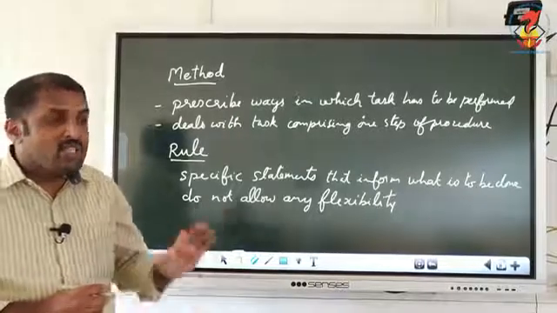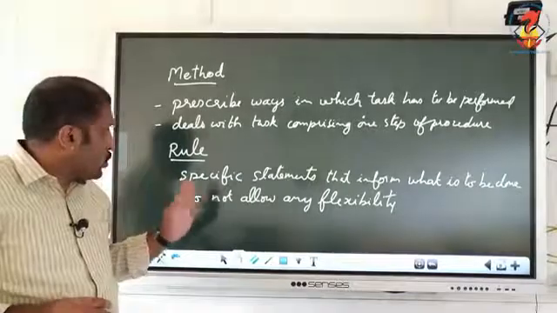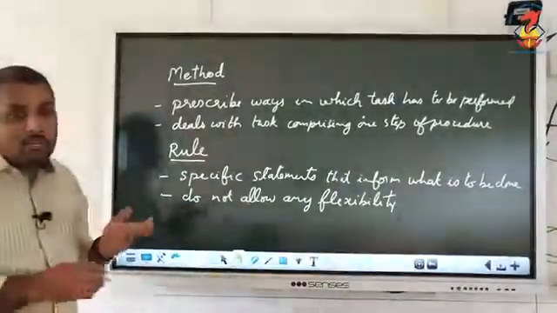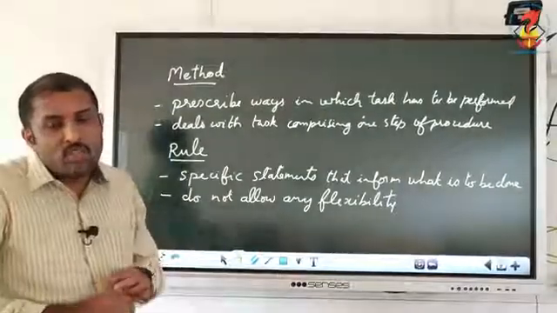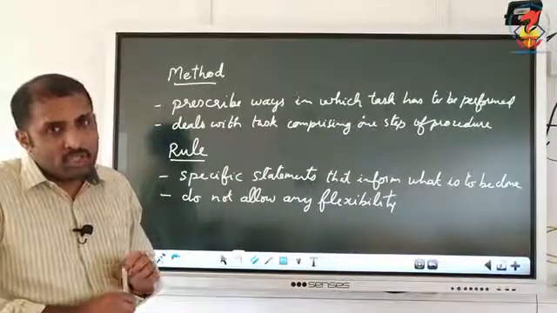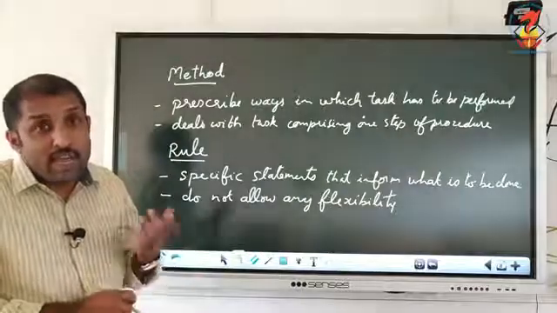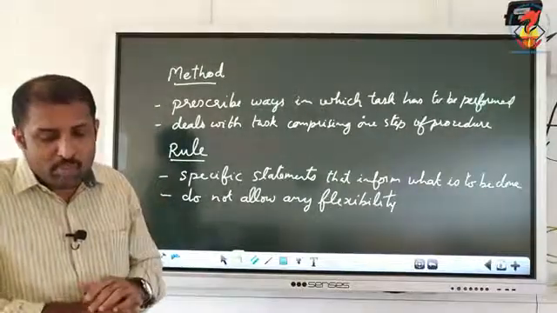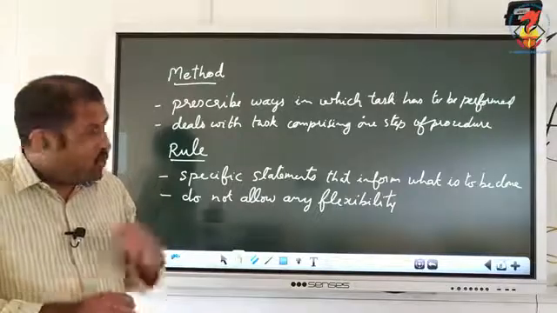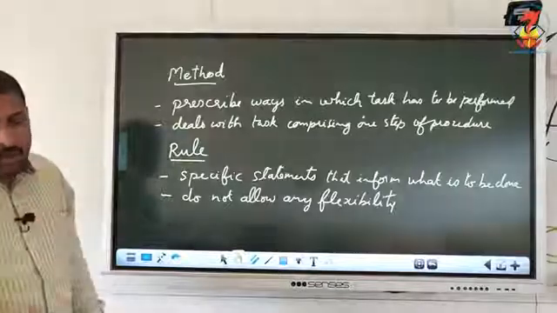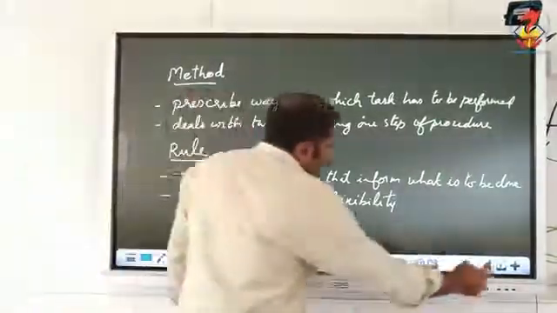And if any change is to be brought in rule, there must be a change in policy. Policy decision has to be changed, then only rule can be changed. Rule allows no flexibility, they are specific statements. So, that is another type of plan. Now, we are going on to the next type of plan, and that is program.